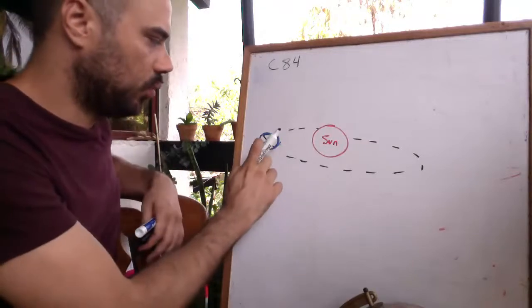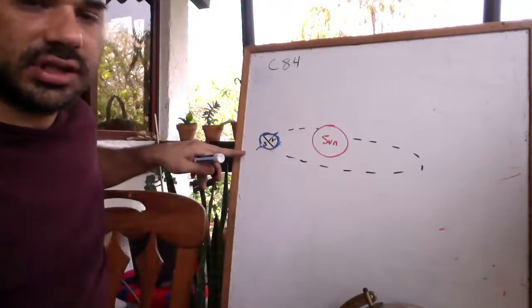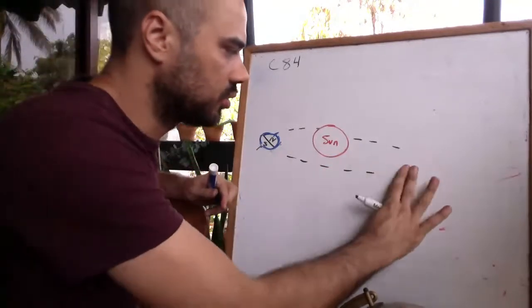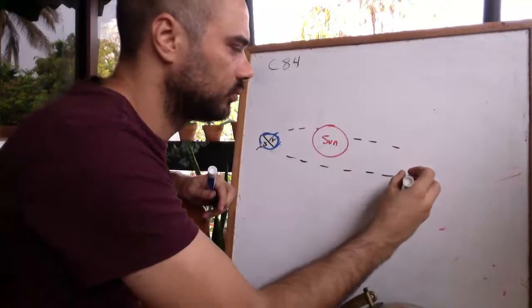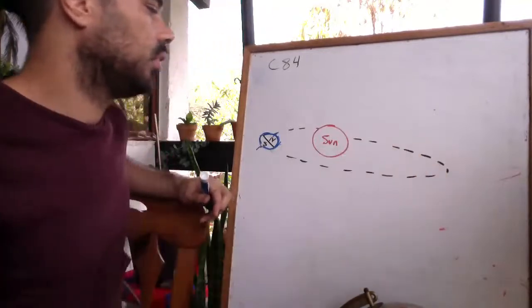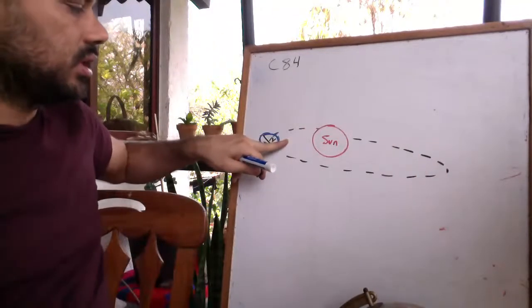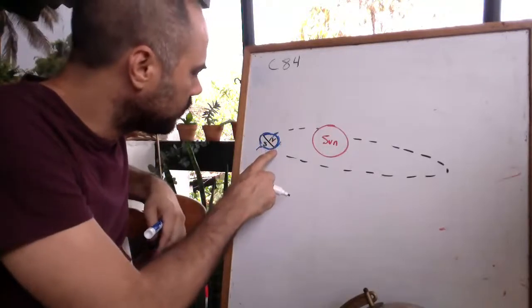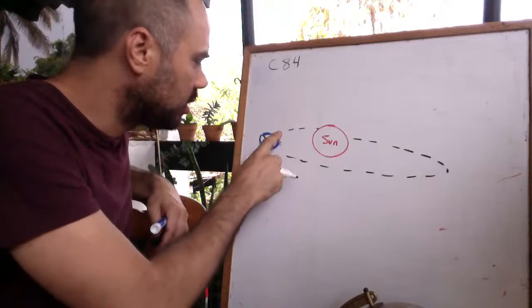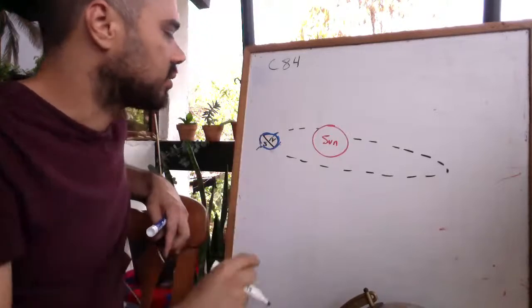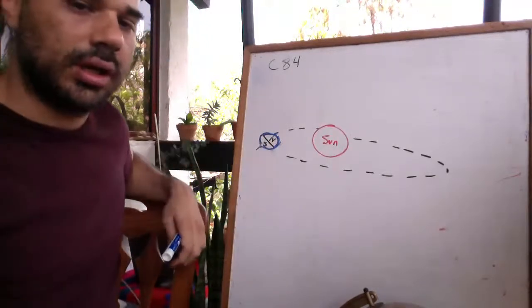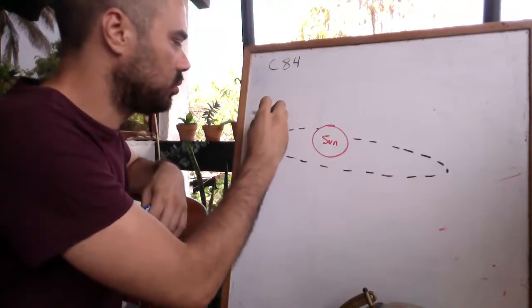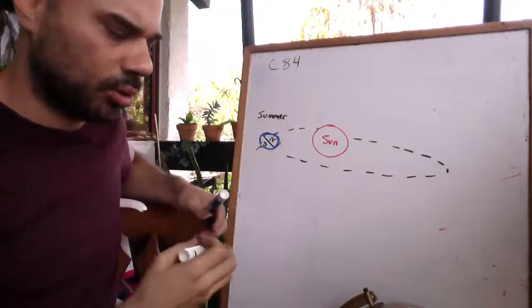And when the Earth is in this point of space, closer to the sun, well, actually, let me see. Yes, this is what we call summer. Why summer?